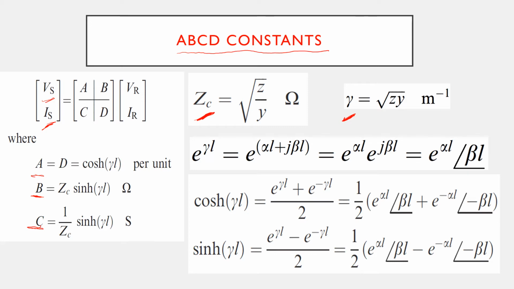With the help of this gamma and ZC, we can find cosh gamma L and sinh gamma L. Using these two, we can calculate ABCD.